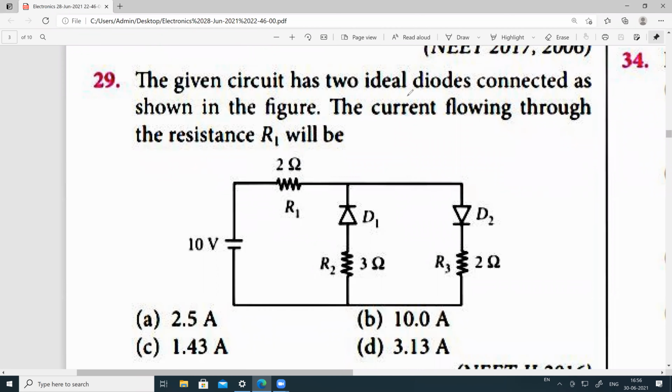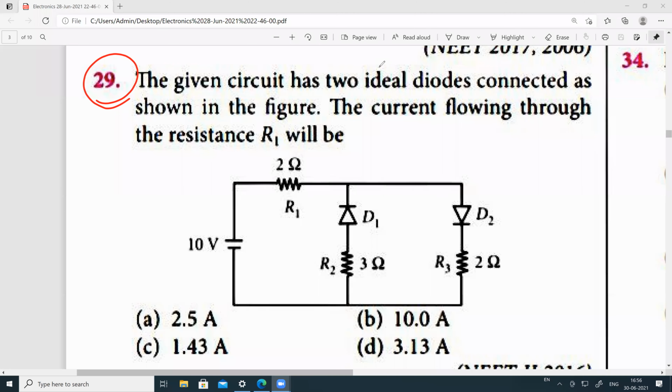So 29th one. The given circuit has two identical diodes connected as shown in the diagram. The current flowing through the resistance R1 will be. Four options they have given: 2.5, second option 10 ampere, third one 1.43, fourth one 3.13.